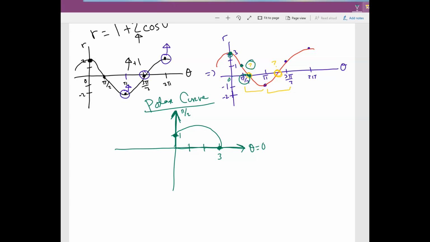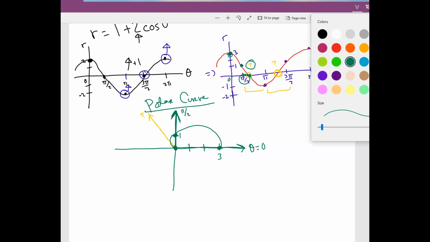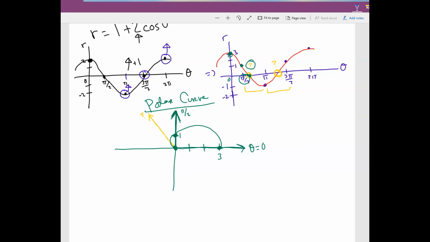I don't know what that angle is, but at this angle, you're going to go to 0. From here to here, you go to 0. Then you're going to go to pi, so now you have theta equals pi.